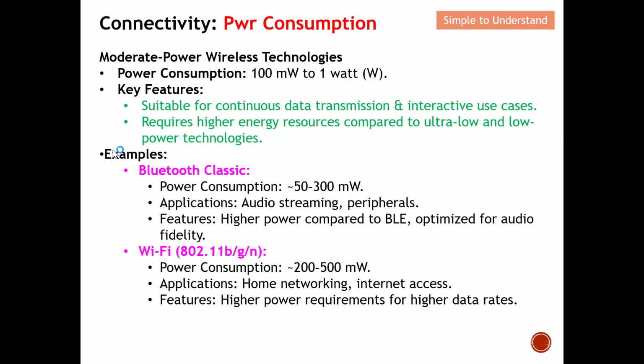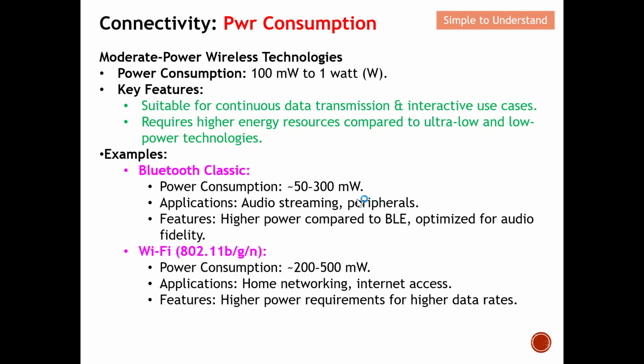So for some of the examples here, basically Bluetooth classical, for example our headset, actually transmit quite a bit of substantial data. So therefore, the power consumption can be quite high. This is what I mentioned earlier on, our headset and some other devices that can be hooked up to our mobile phone, which need to support a reasonably high data rate.